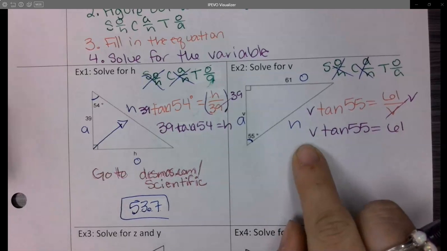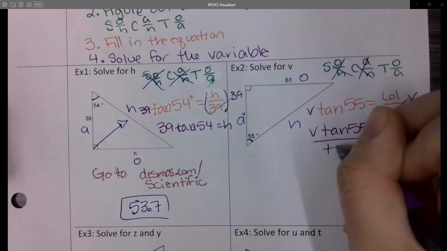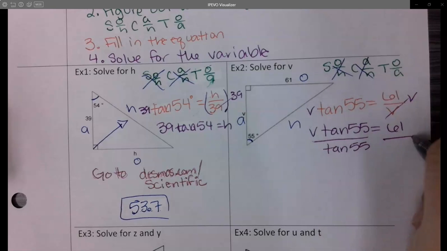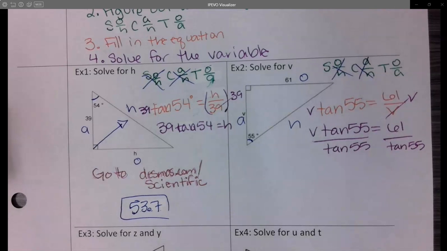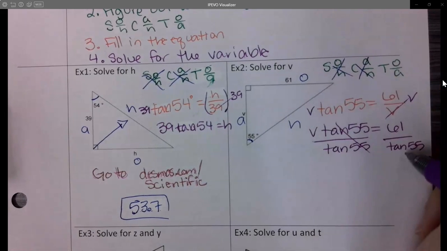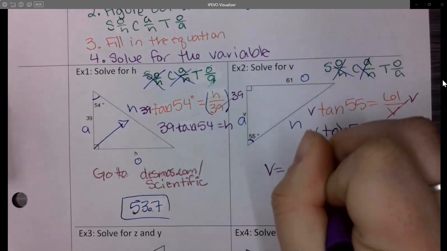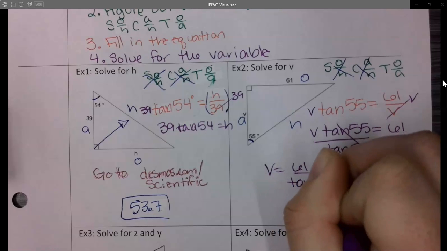Then I want to get V all alone, so I'm going to divide both sides by tangent 55. So these would cancel out, and then I have V equals 61 divided by tangent 55.